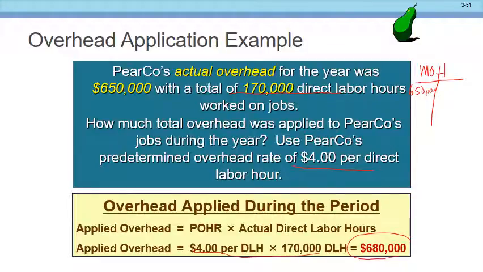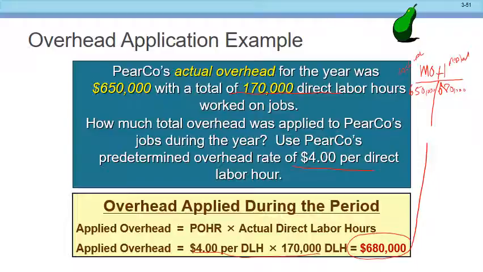That means that I applied what? 680? $680. So the actual is the debit. That says actual. And the credit is the applied, isn't it?